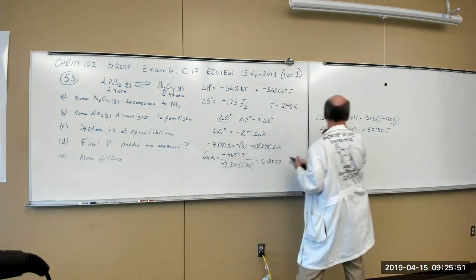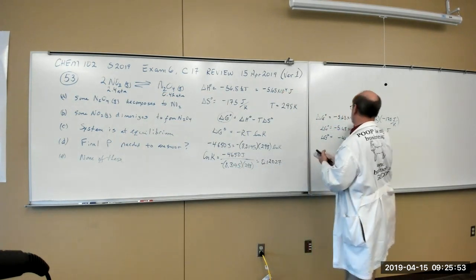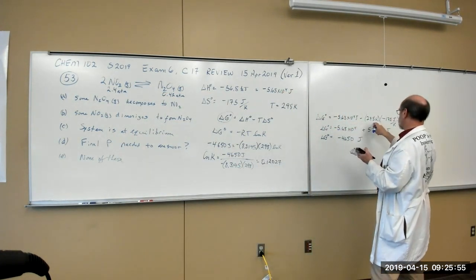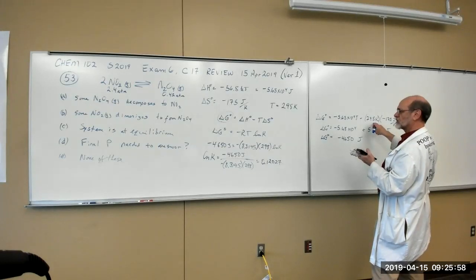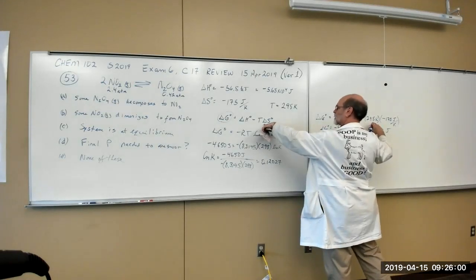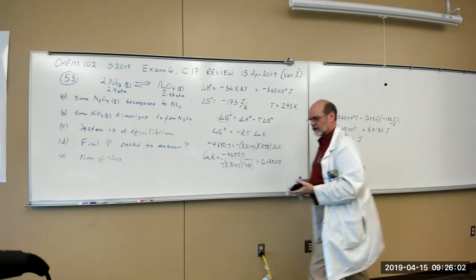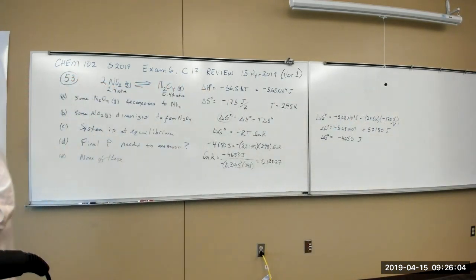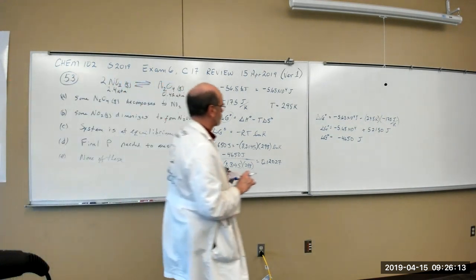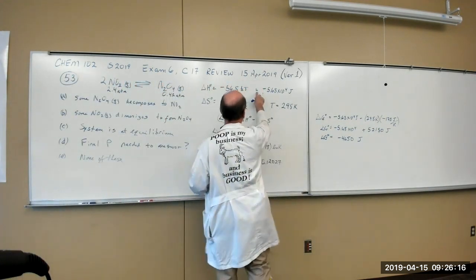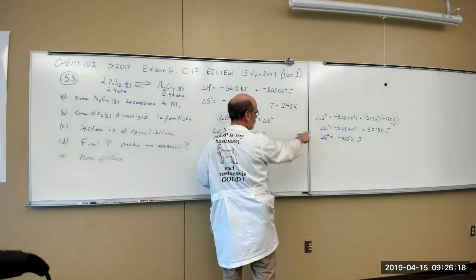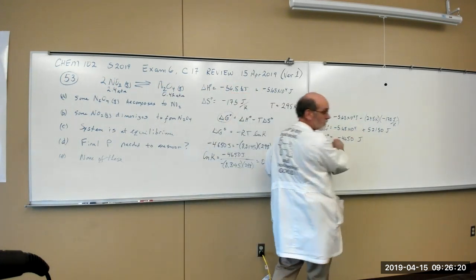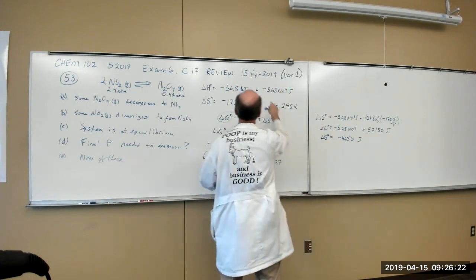That one's right. 298 times delta S 175. Did I write that one correctly? Maybe, well, you moved the decimal place, is that correct? Here? Or here? Should it be 4.65?